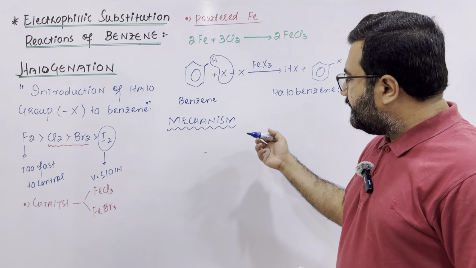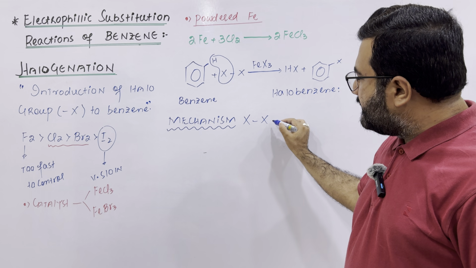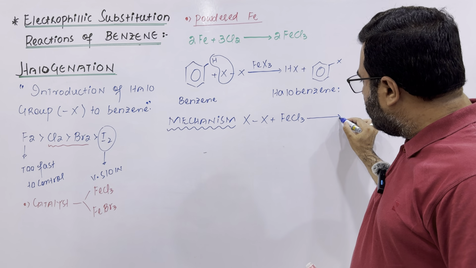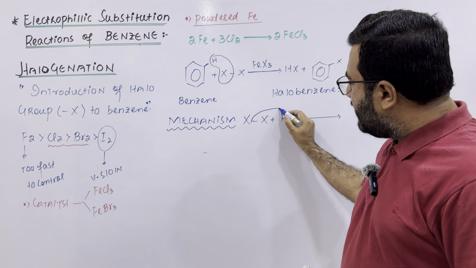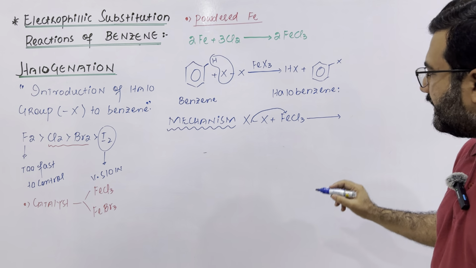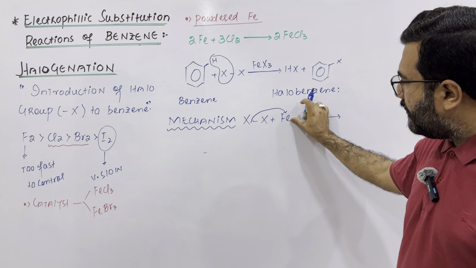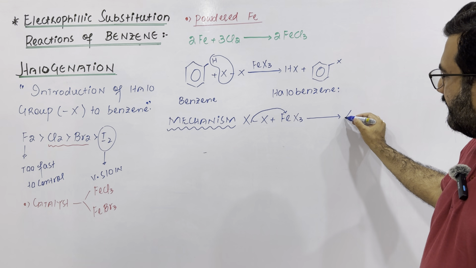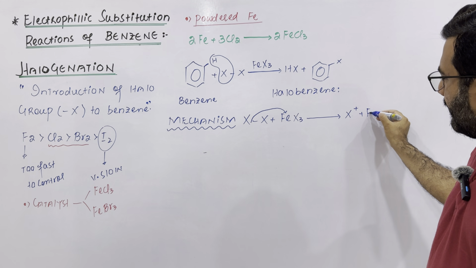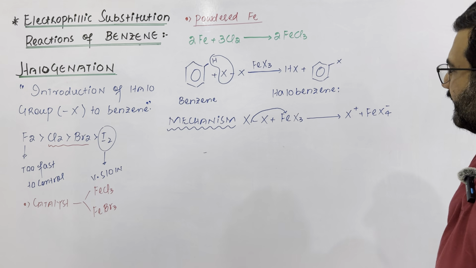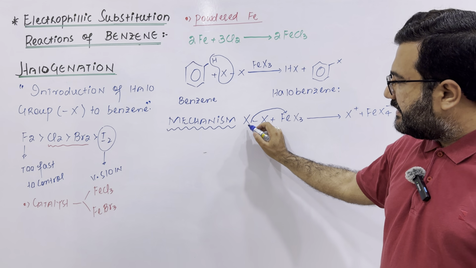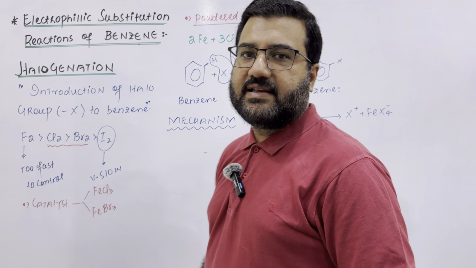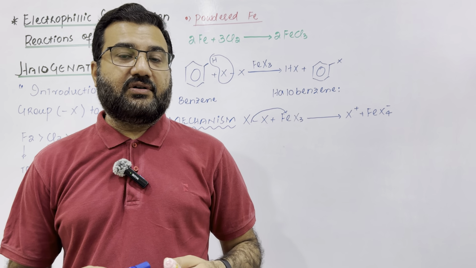In the first step, the reagent reacts with the catalyst, and this halogen taking two electrons will join with FeCl3, or if we are talking about the general mechanism, then that should be FeX3. X positive and FeX4 negative are generated. My dear students, this one is the reagent, it is the catalyst. So in the first step, the reagent and catalyst react together to form a strong electrophile.